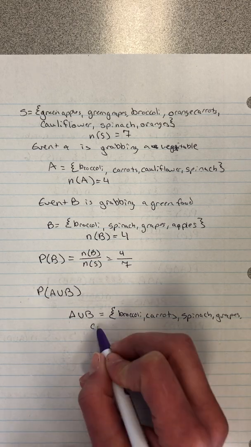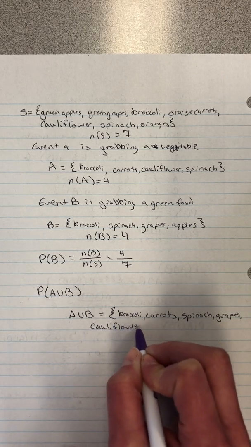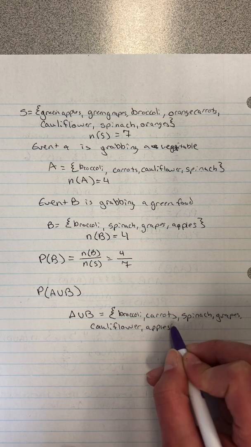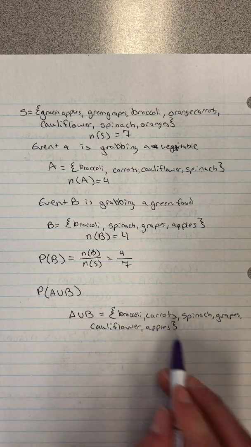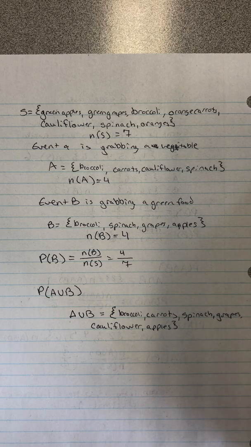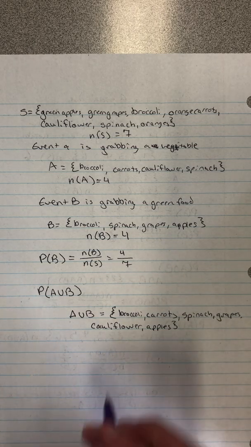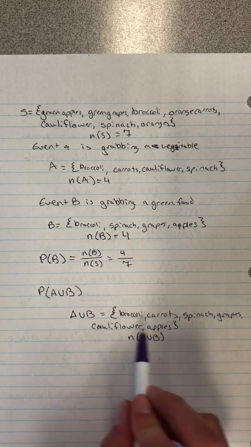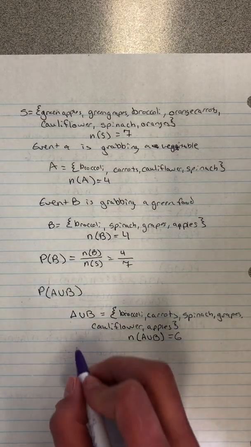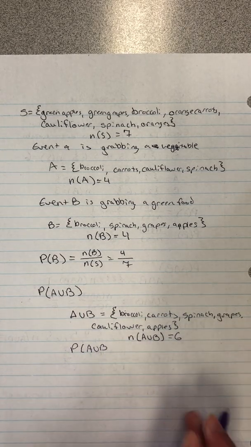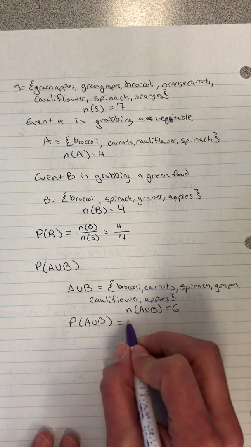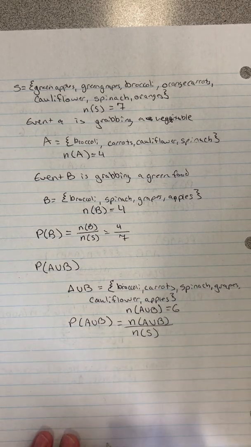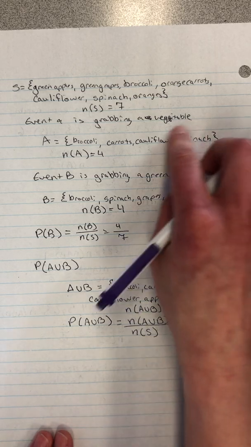One has cauliflower. One has apples. So for A union B, we have 1, 2, 3, 4, 5, 6 outcomes. So for the probability of A union B, we're going to write the number of outcomes for A union B over the number of outcomes for our sample, or 6 over 7.